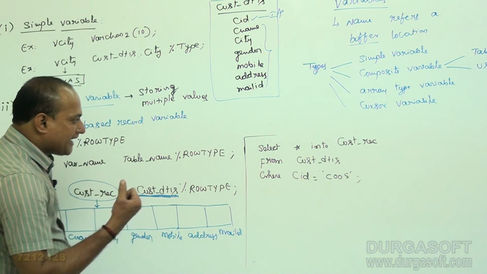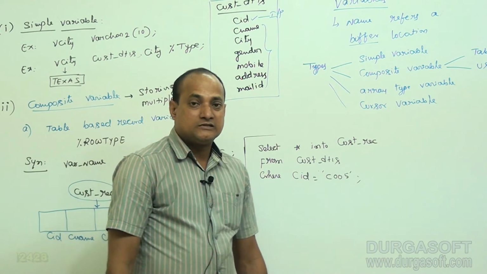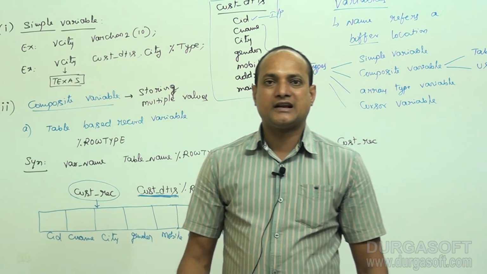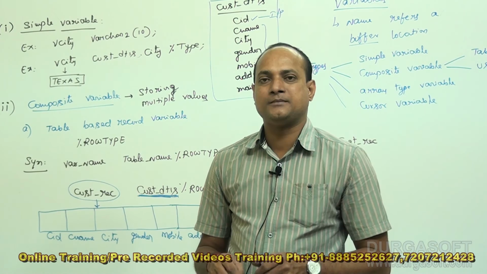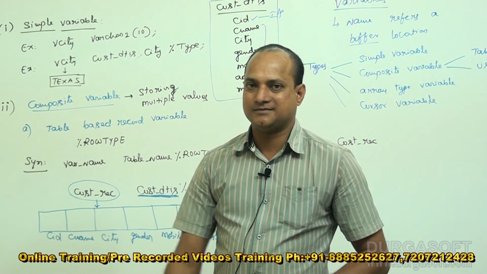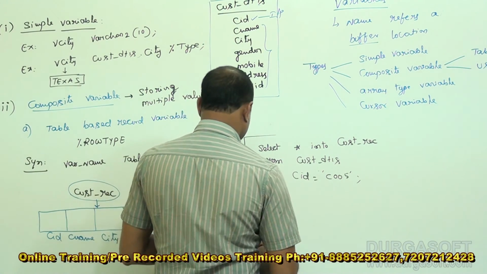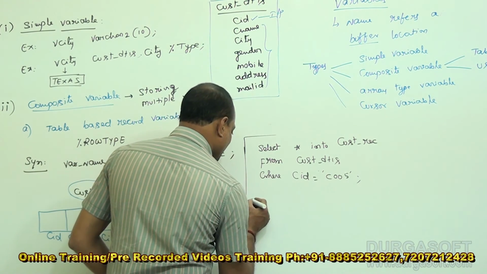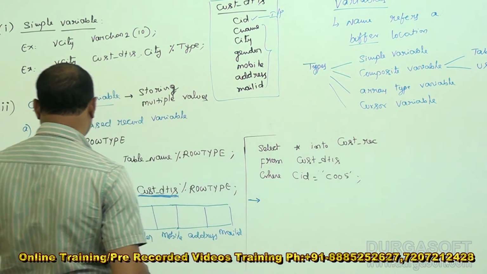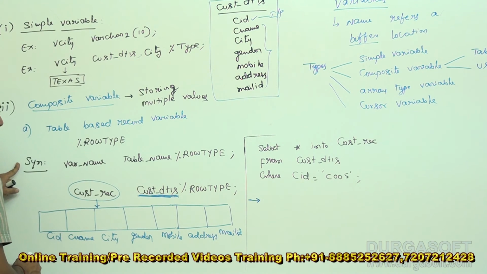Now how can I access the values from a table based record? This is declaration, declaring a table based record.